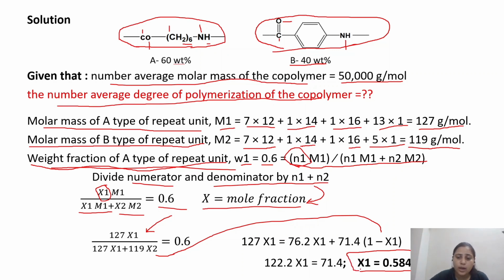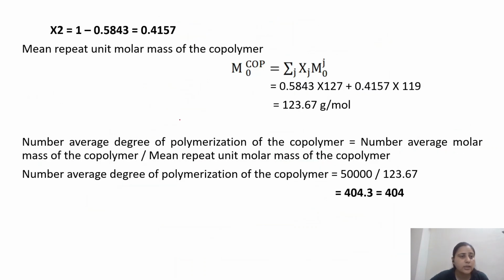So I have got the mole fraction of A type of repeat unit. From this we can calculate the x2 value, which is 1 minus 0.5843, and we get the mole fraction of B type of repeat unit, 0.4157 as x2.